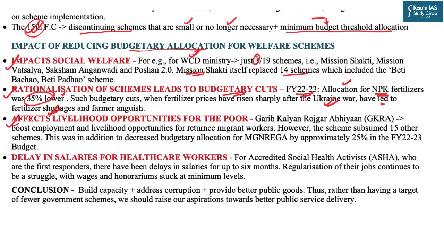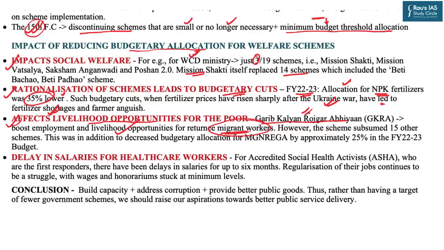Further, it also says that it directly affects the livelihood opportunities for the poor people. Again, it comes up with the example of Garib Kalyan Rojgar Abhiyan. Now, this particular scheme was started in order to provide livelihood opportunities for the migrant workers who returned during the COVID pandemic.